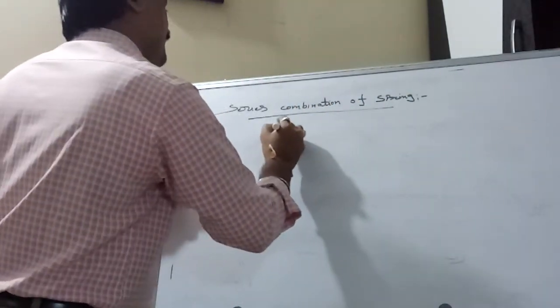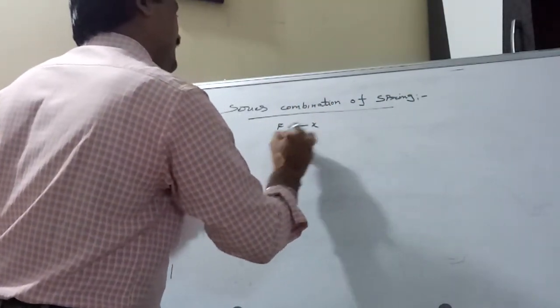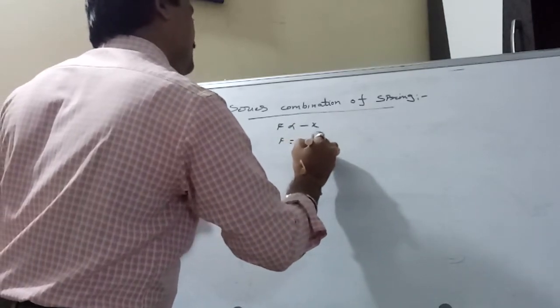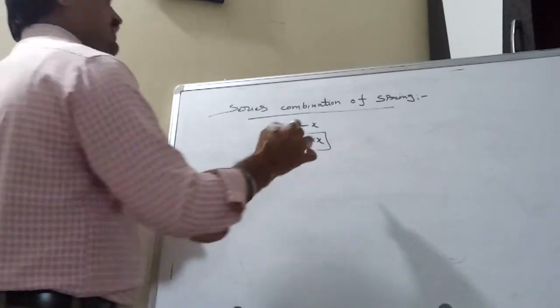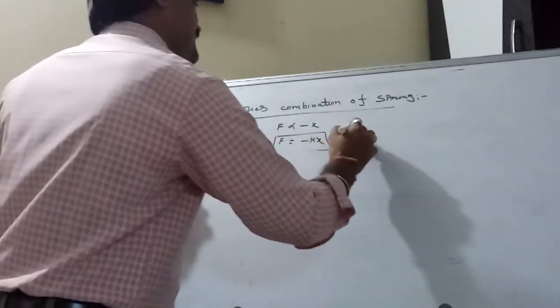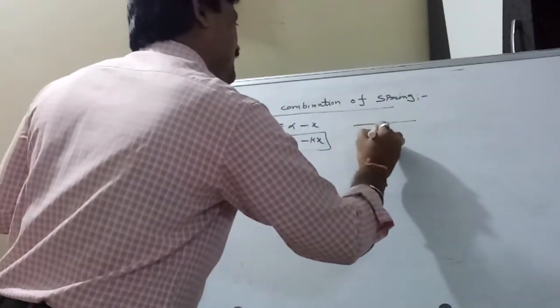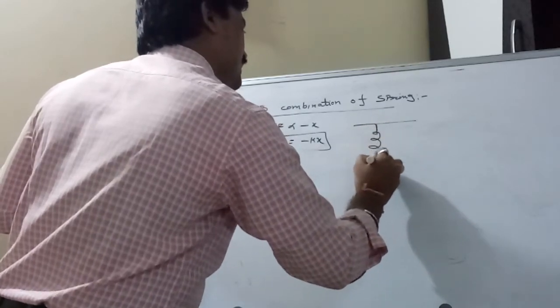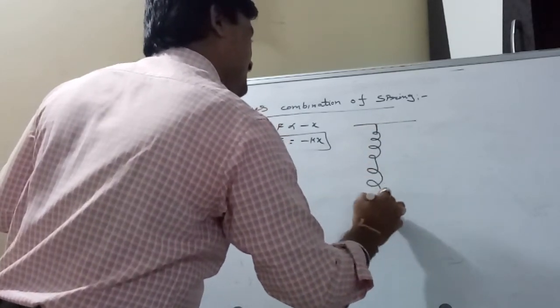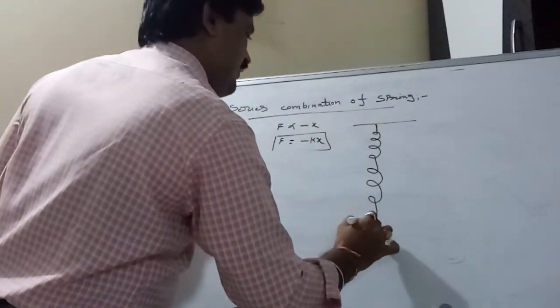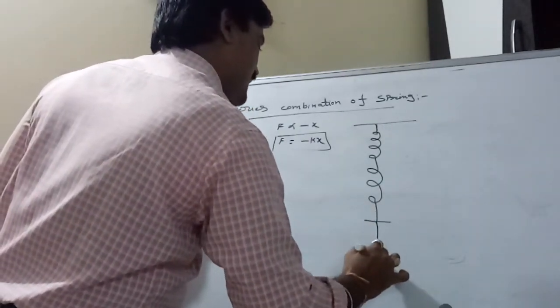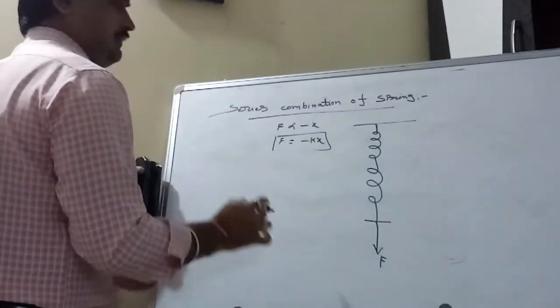From books, F is proportional to minus x, F is equal to minus kx. This is the force formula. Suppose this is a spring connected to two springs in series. So the force F is applied at the end of the last spring.